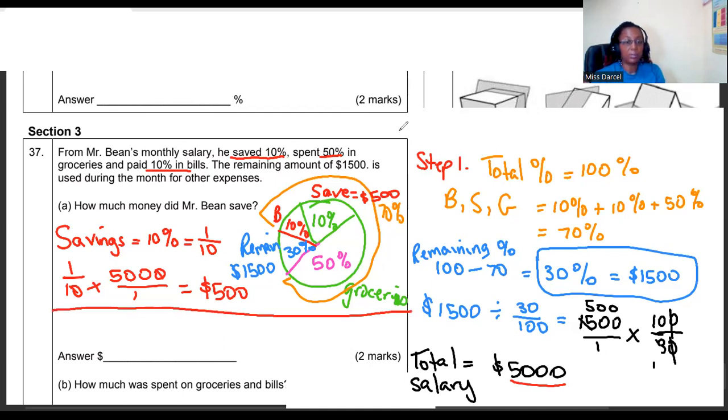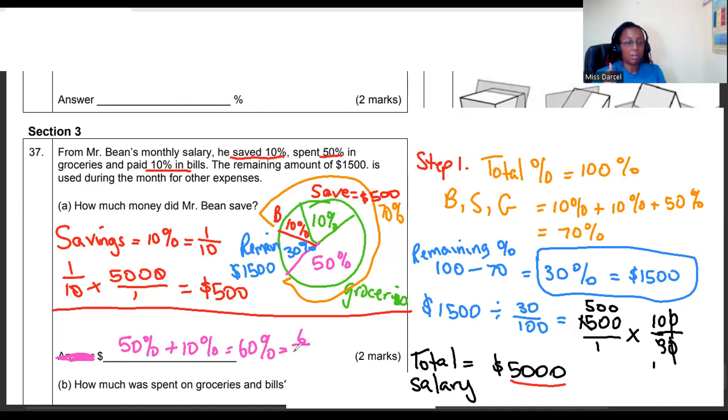So groceries was 50%. So let's put 50% here. Bills was 10%, so plus 10%. All right, and that gives you 60%.